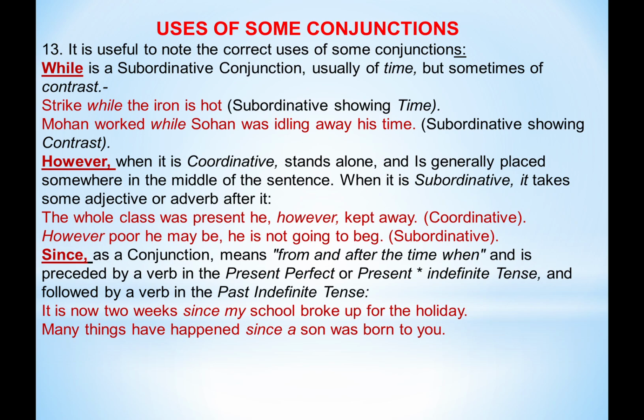Subordinating: since, as a conjunction, means from and after the time when, and is preceded by a verb in the present perfect or indefinite tense, followed by a verb in the past indefinite tense. It is now 2 weeks since my school broke up for the holiday. Many things have happened since a son was born to you.